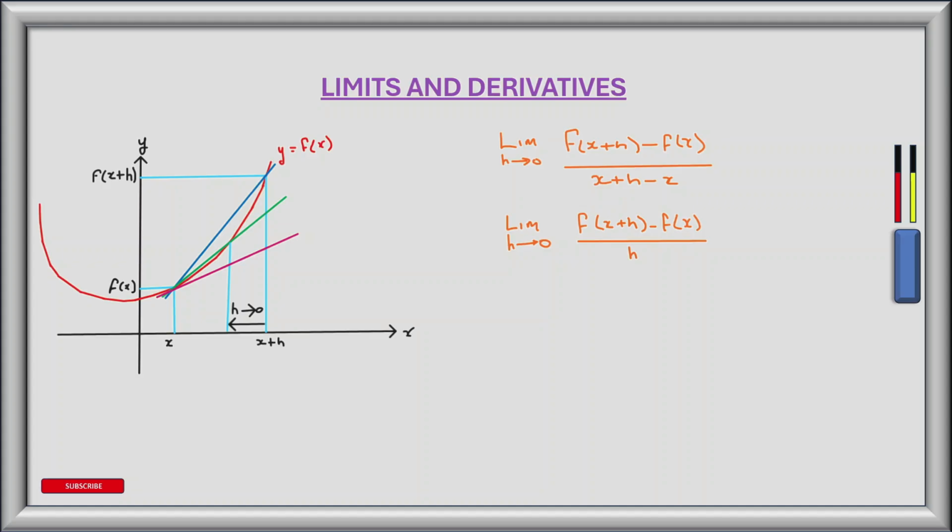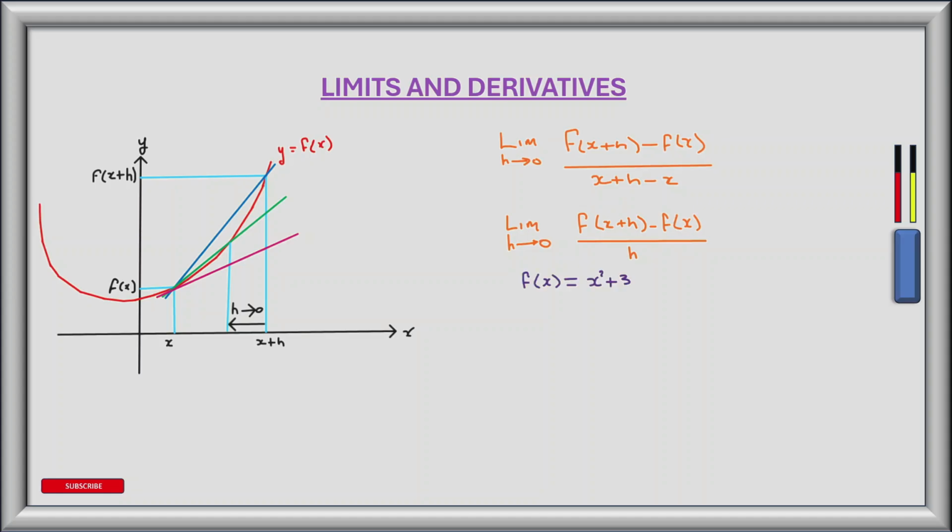So now we can use this to find the derivative of a function. The derivative of a function will be another function which will give us the gradient of the tangent at any point on the graph of that function.